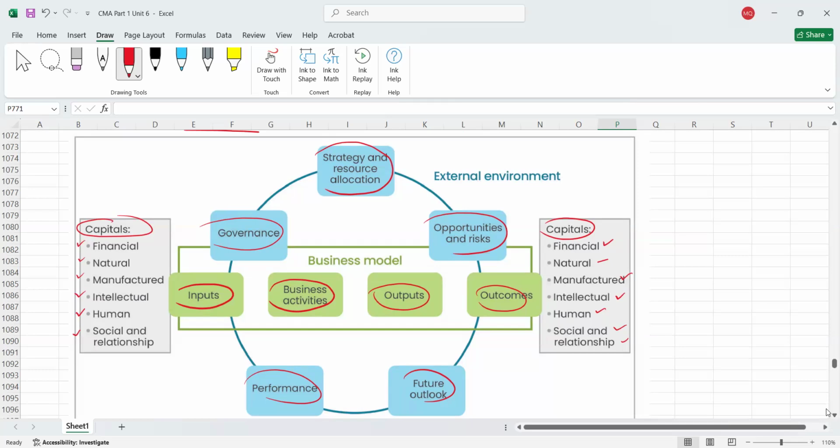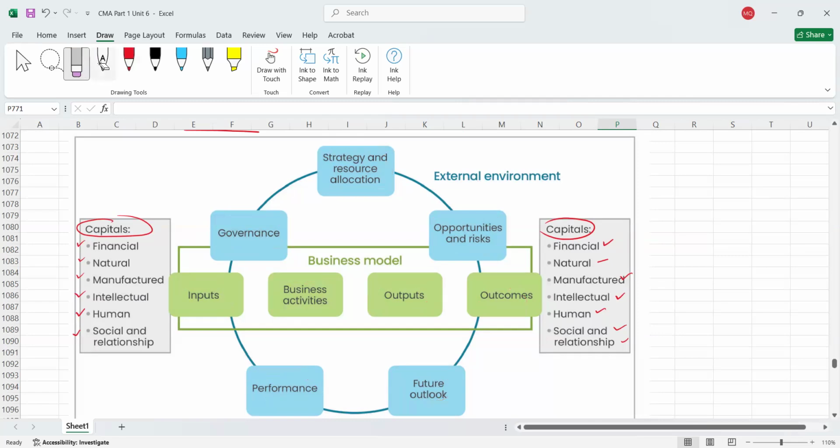Simply, I'll start with these blue boxes. What are the blue boxes? The blue boxes are the content elements. I have explained the 9 content elements, right?